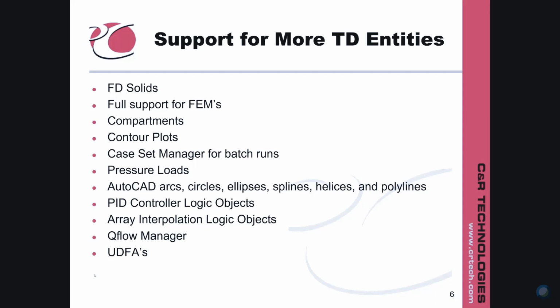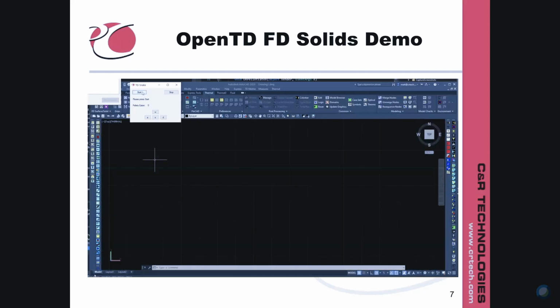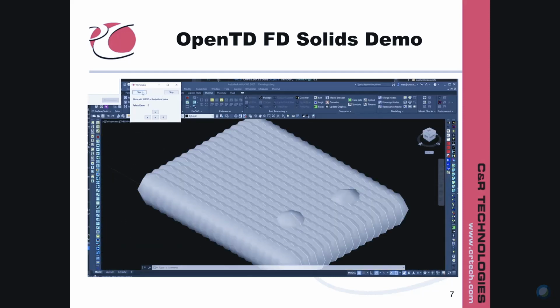We have support for new logic objects, the PID controller and array interpolation. We're going to give you access to the QFlow manager, and then the new user-defined Fortran arrays that Doug was talking about. We'll give you support on the thermal desktop side in OpenTD to create them in your model, and then support on the dataset side to read them.